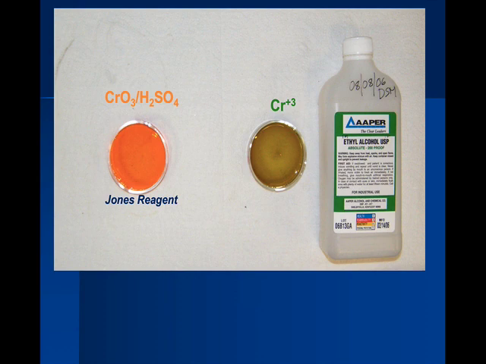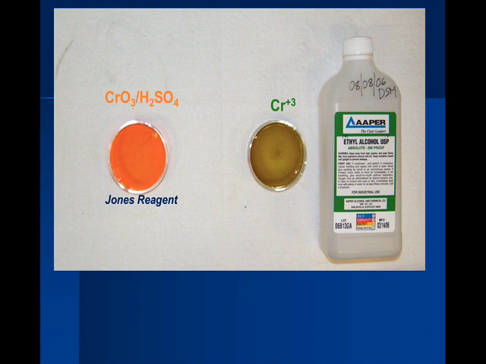The nice thing that my students like about Jones reagent is that you know exactly when the reaction is over. They'll typically take whatever alcohol they want to oxidize and put it in a round bottom flask, and they'll put the Jones reagent in a funnel that drips it in slowly, drop by drop. As long as alcohol is present, the orange drop hits and turns green and falls to the bottom as a chromium precipitate.